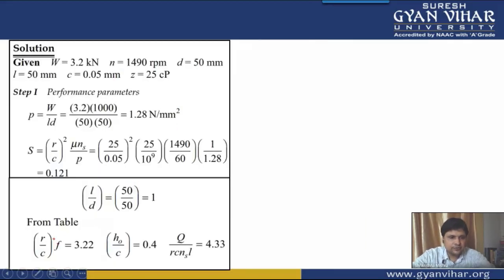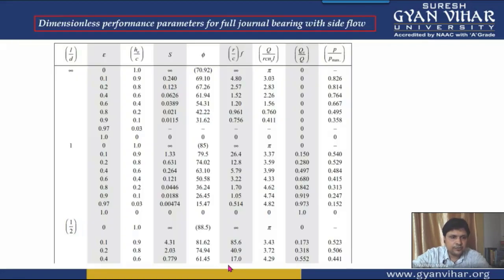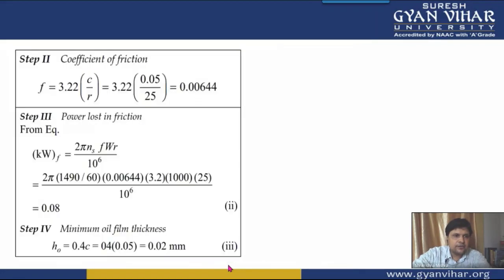These are the values which we have seen in the table. H naught by C is 0.4, and Q upon RC Ns into L is 4.33. So these values we have taken from this table. Then, in the next step, as the question has asked about the coefficient of friction, how will we calculate the coefficient of friction?